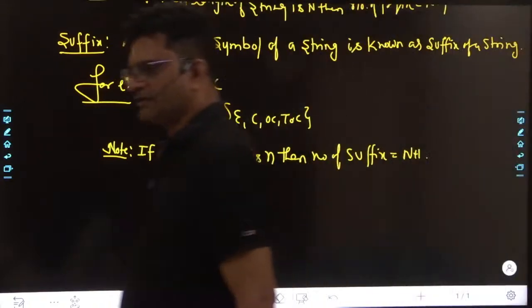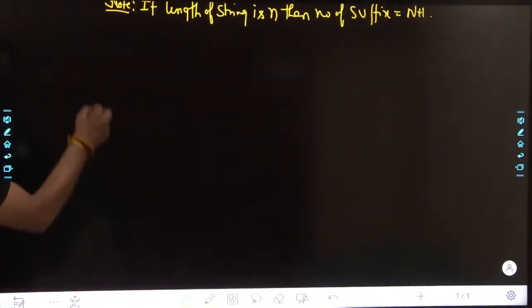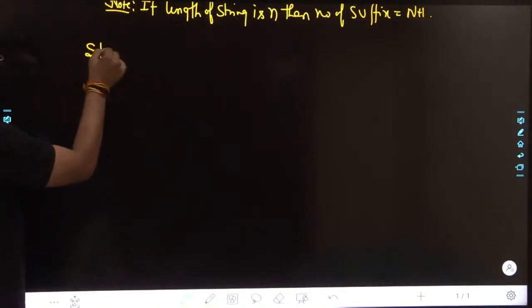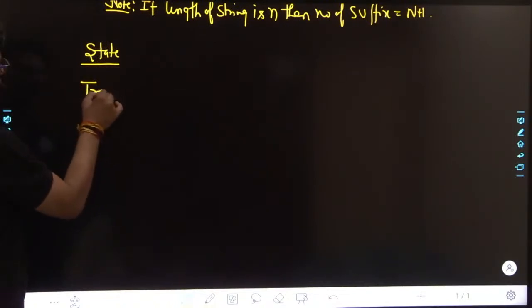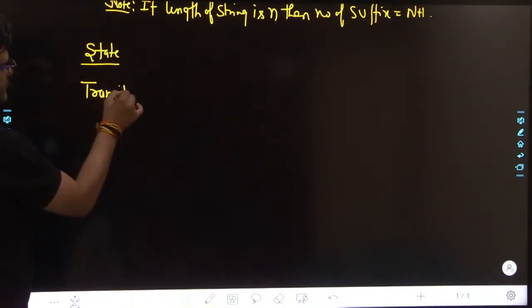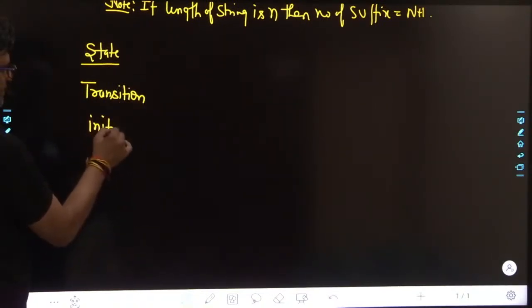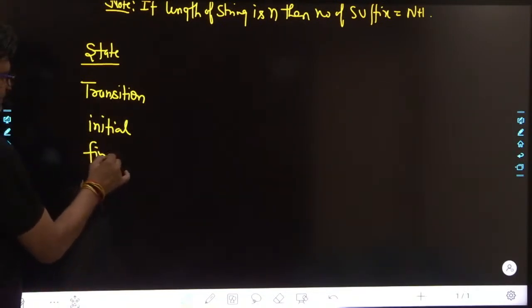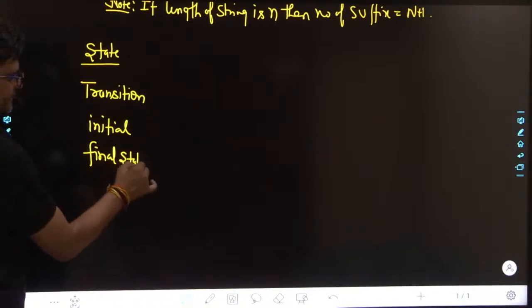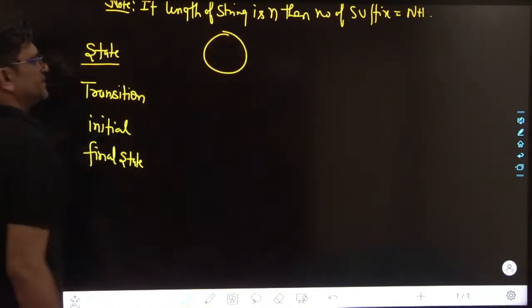Clear, friends? Shall we move on? Okay. Let's see some other terminologies. What is state? What is transition? Initial state and final state. What do you mean by the state? State is represented by the circle.